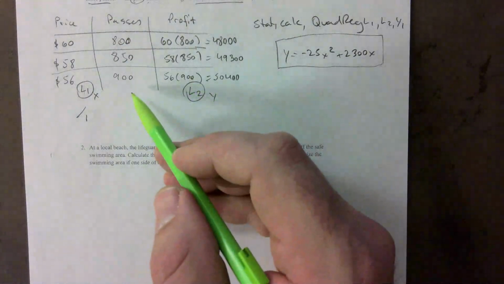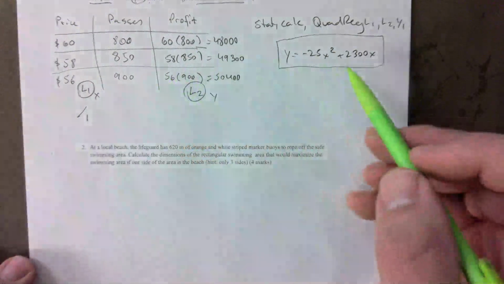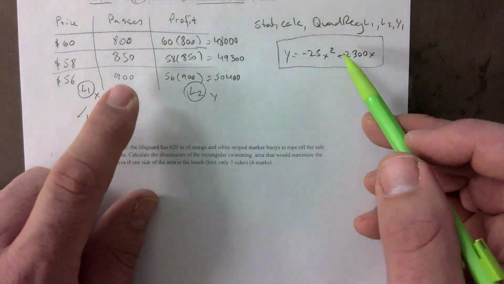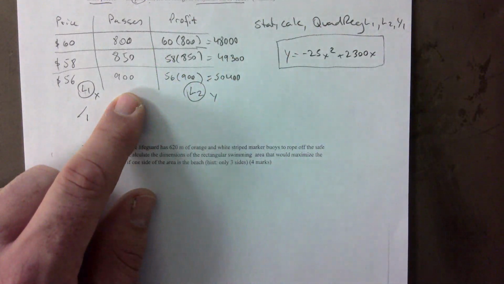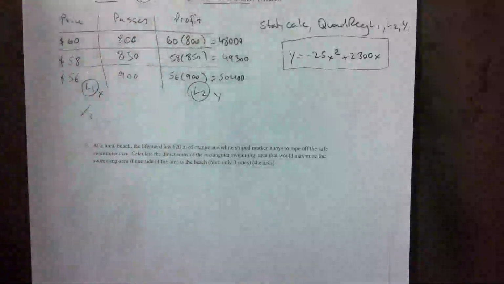If you made a mistake on your table, go -1, but then you get a full mark for this, whatever you got. If you put the passes into L1, do I have that equation? Did I make a mistake or what?